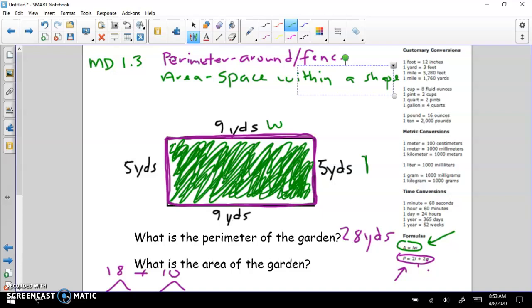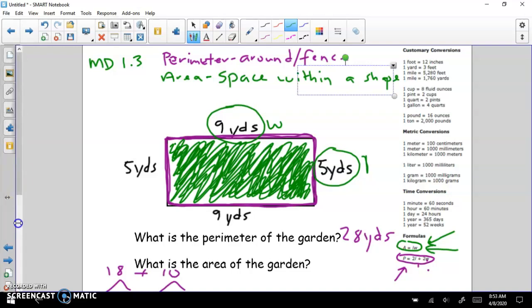We're going to take L and W and multiply them together, because when 2 of those letters are right next to each other, it means you need to multiply. So when multiplying length times width to find our area, all you're doing is taking your length, which is 5, and your width, which is 9, and multiplying them together.